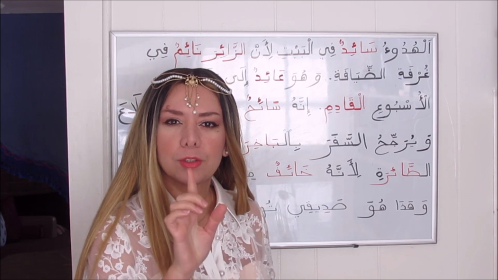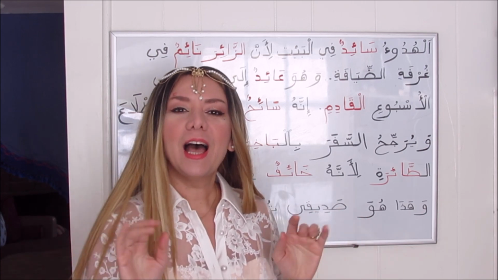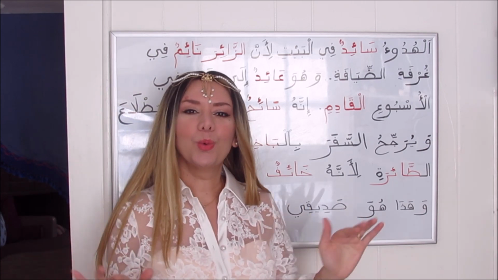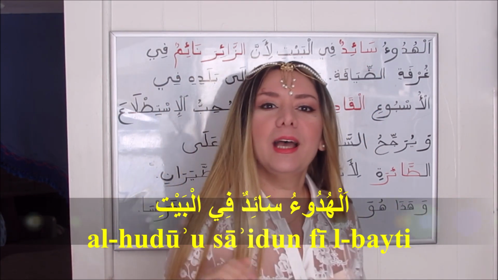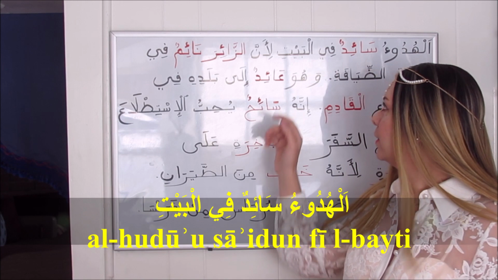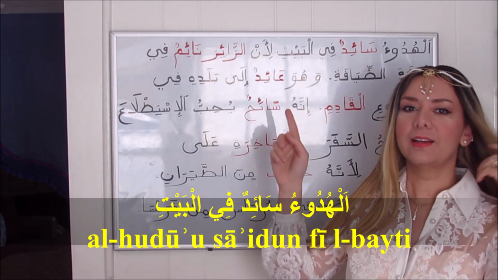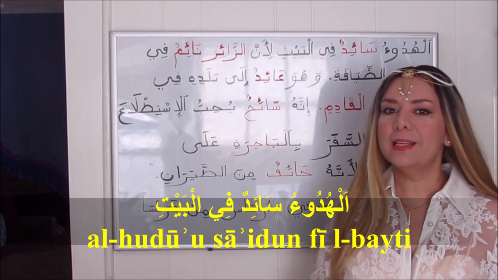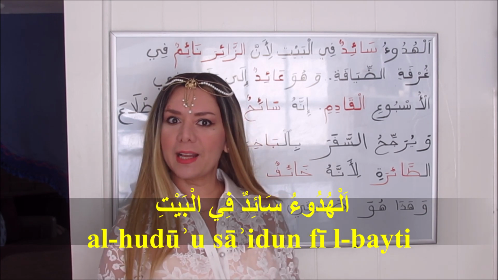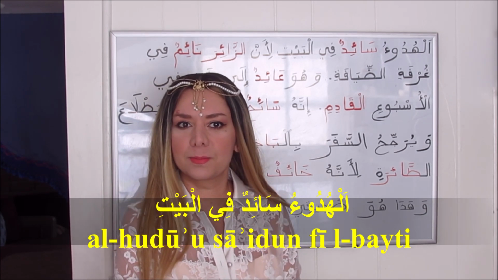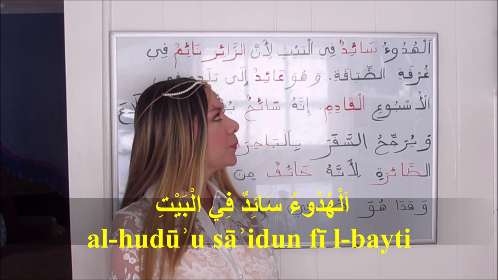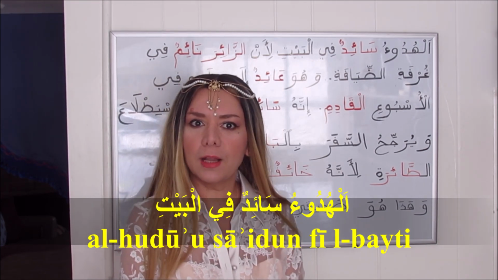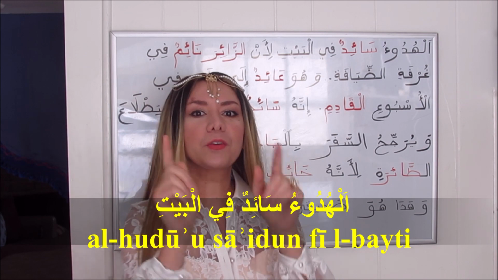الهدوء. Shh. Silence. الهدوء سائد في البيت. Where is the active participle in this sentence? It's a very hard question for you. I think I'm being helpful. I have marked all of them in red.